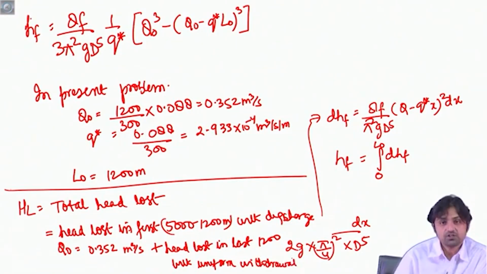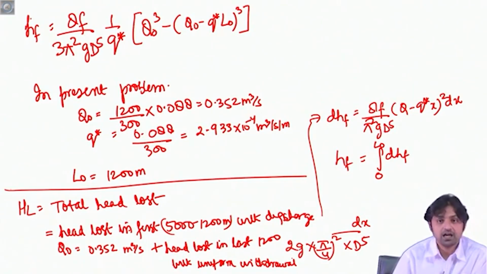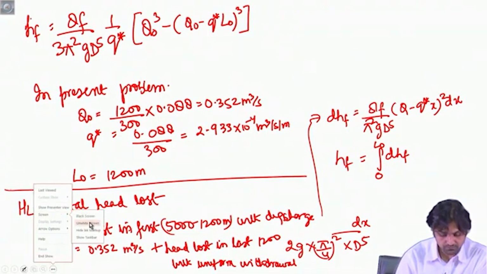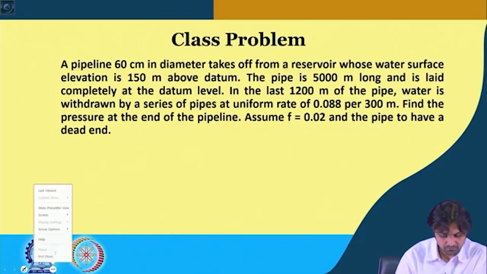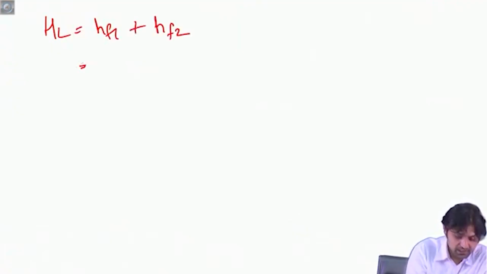So total head loss is going to be the head lost in first 3800 meter with discharge Q naught, that is going to be the major head loss, right? And the second one was where we used the differential equation, and that is what we wrote as HF2. So total HL will be HF1 plus HF2, and what is HF1?